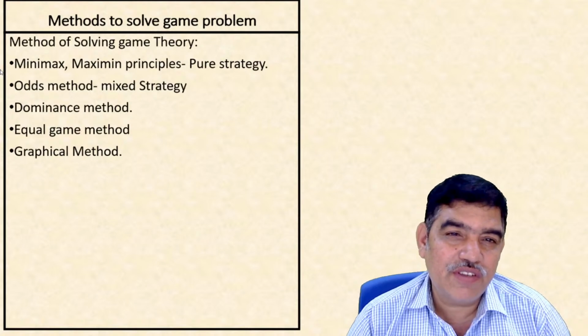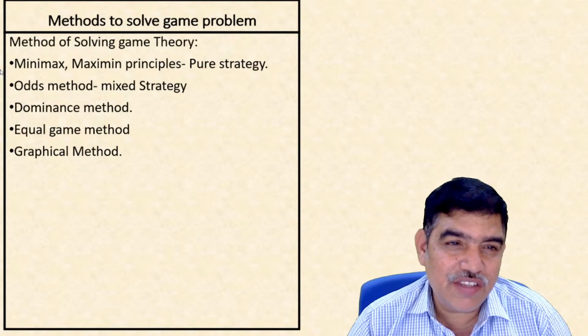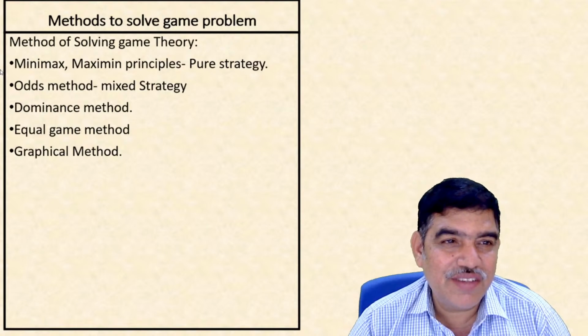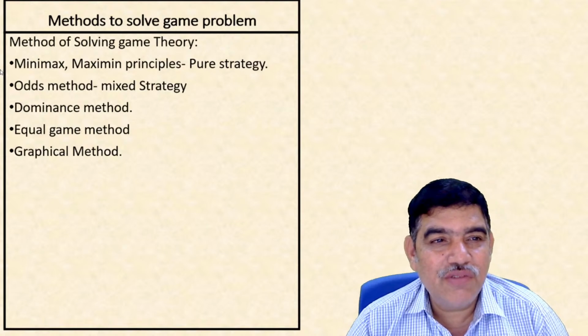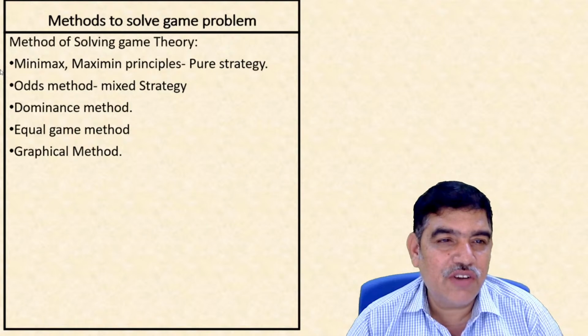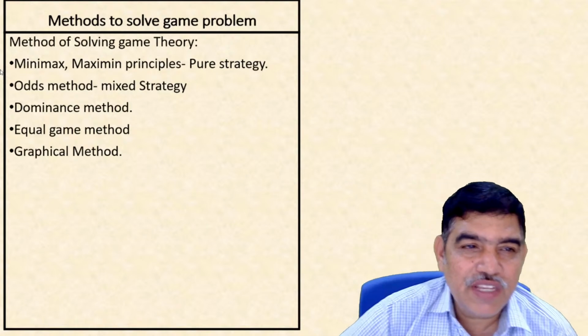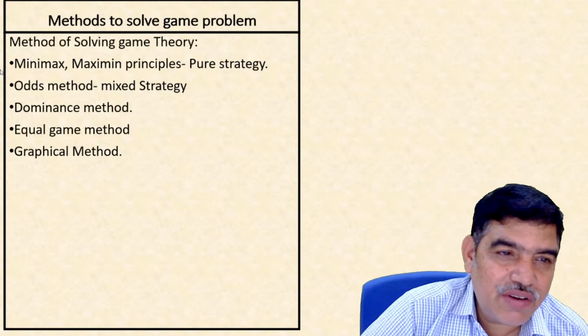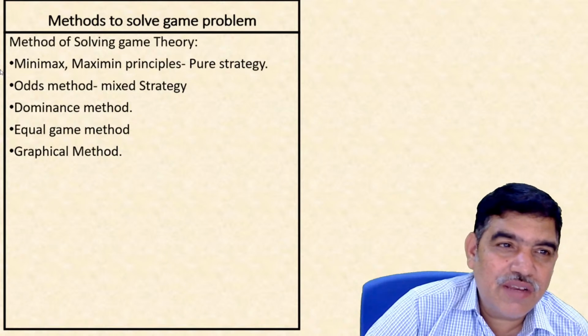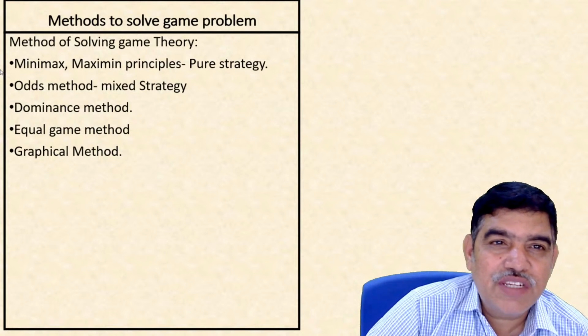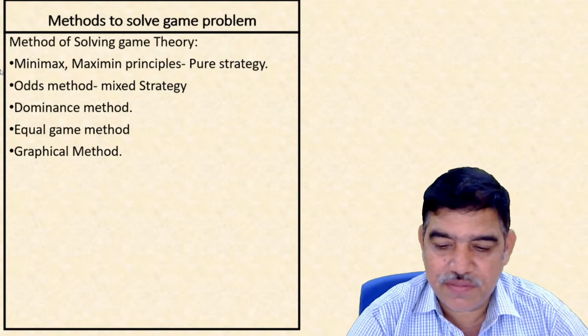If the game problem is not pure strategy, meaning there is no saddle point, at that time we use different methods. One is the odds method, dominance method, equal game method, or graphical method. We can implement these methods for mixed strategy problems.